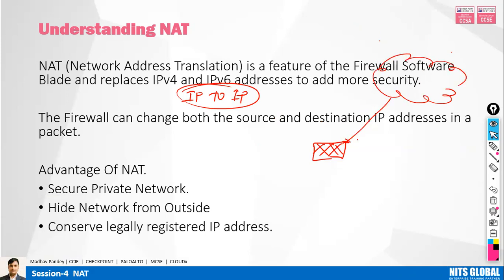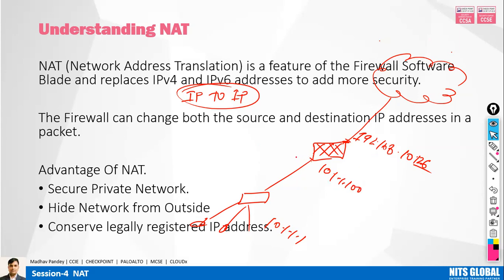When we take an internet connection from any ISP, what we get is a public IP address. So for example, let's say I have a public IP address like 192.168.126 or 125. Assume that this is my public IP address. And in my internal network, I have a private IP address, like let's say 10.1.1.1, and here I have 10.1.1.100. This is my standard topology.